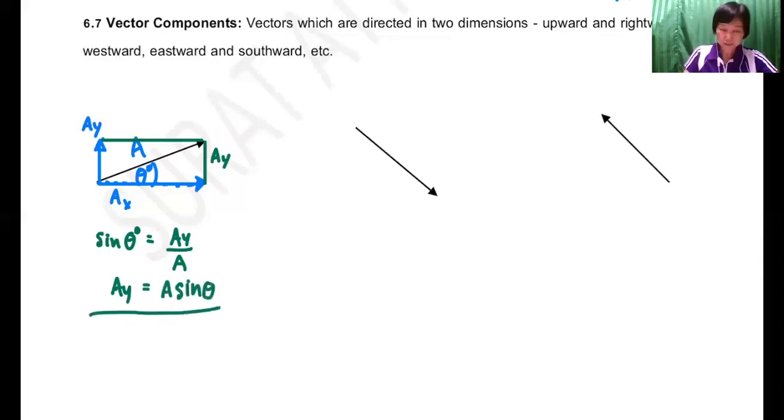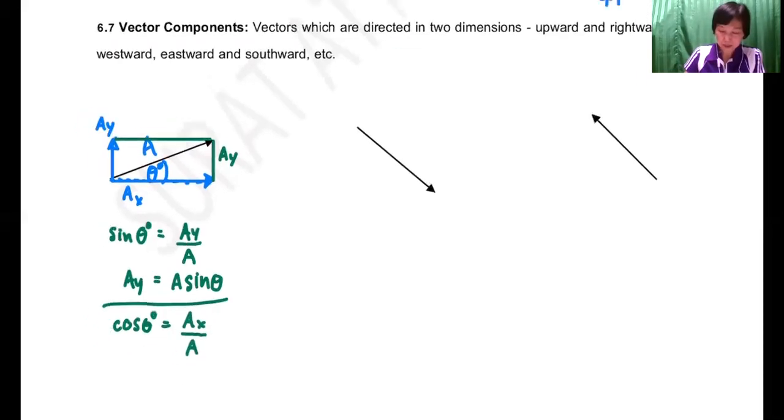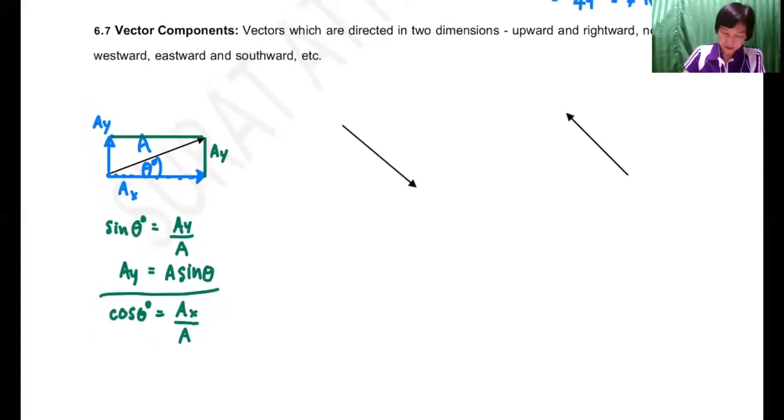And as you studied, here we consider cosine of this angle. Cosine of this angle equals the adjacent divided by the hypotenuse. The adjacent is the length of the vector Ax, so Ax divided by the hypotenuse, which is A. Now we get Ax equals A cos theta.